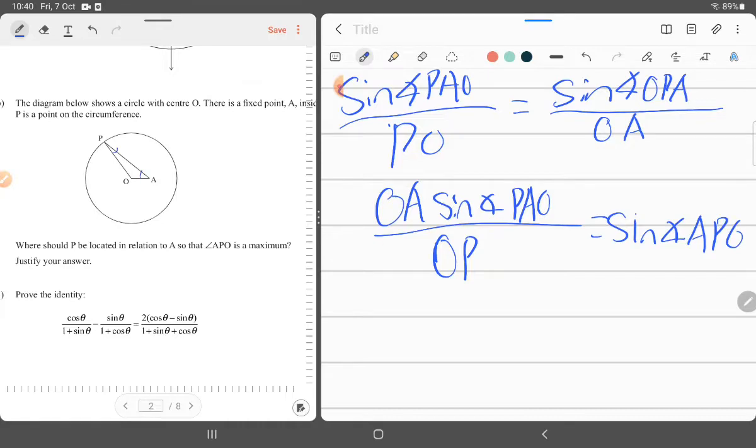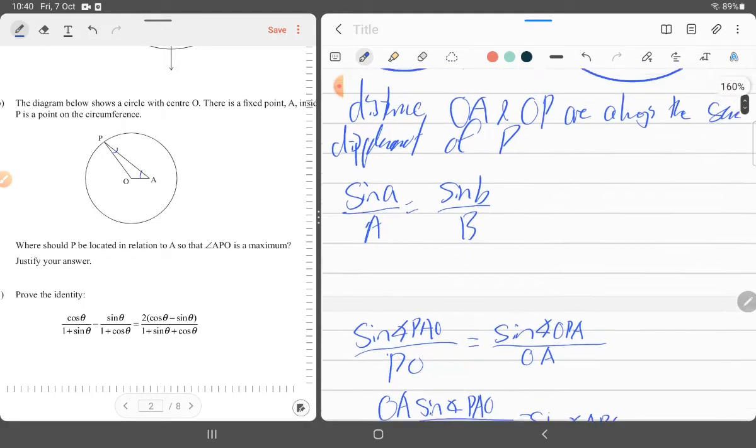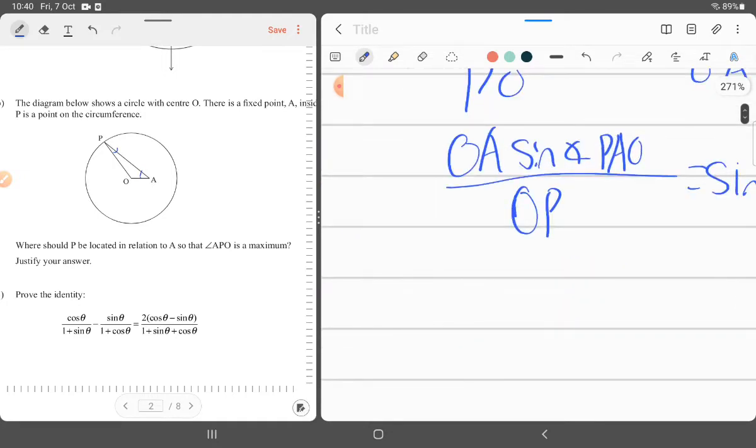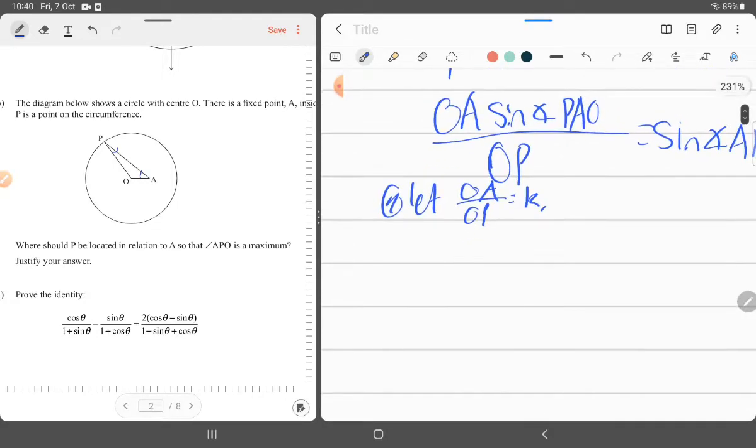So these two distances are always constant. So we can let OA over OP equal K, which is a constant.